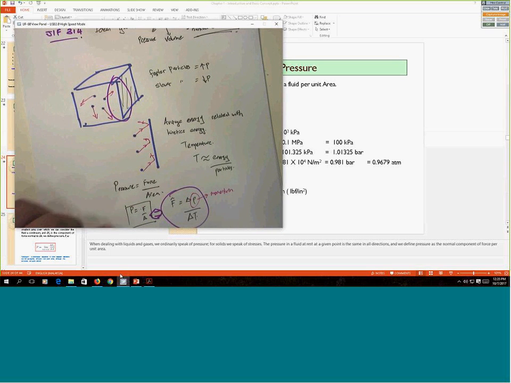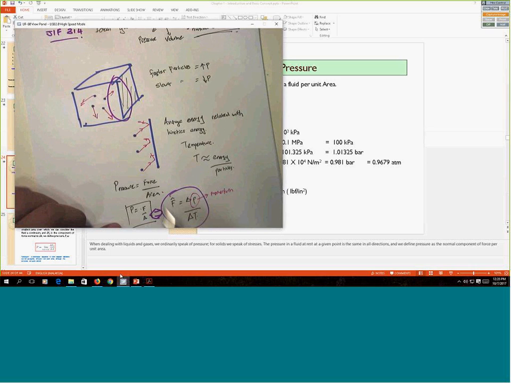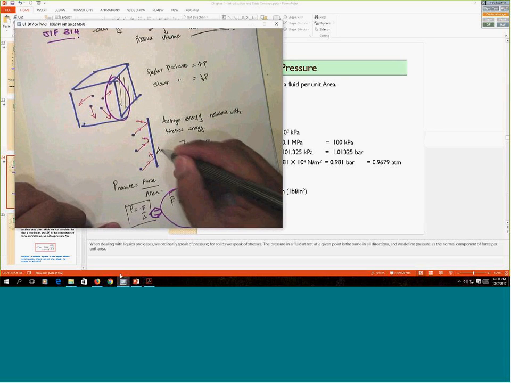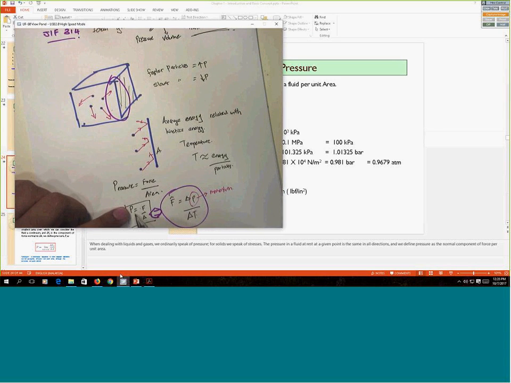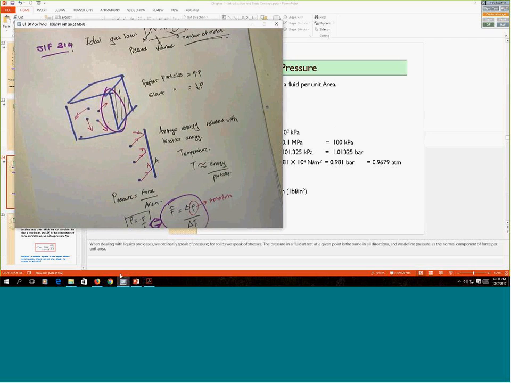That's why we have a force. We actually relate with the particles' momentum, with different temperature that occurs at a certain particular area. So you're going to have changes in pressure, and that's why it relates with PV equivalent to nRT.